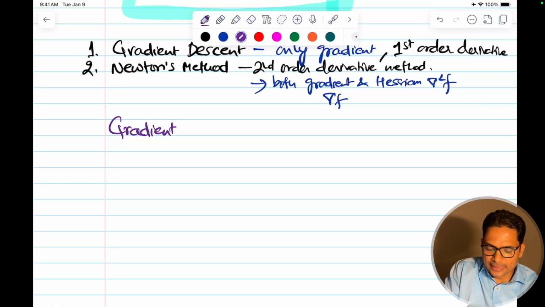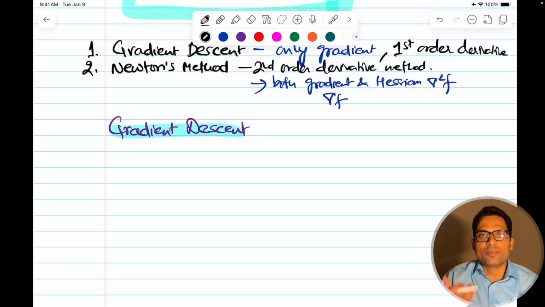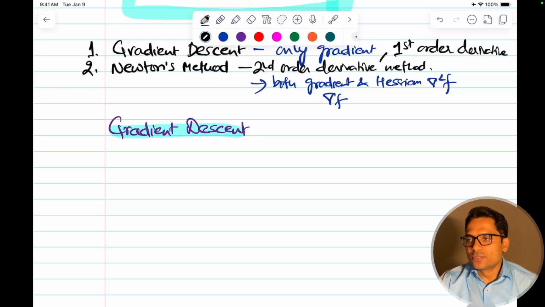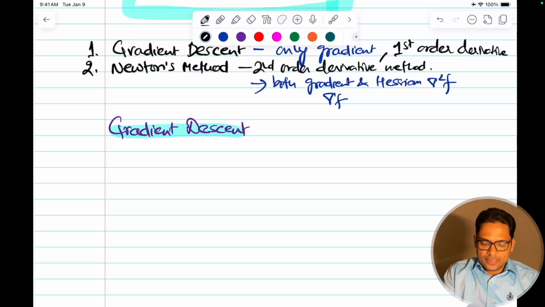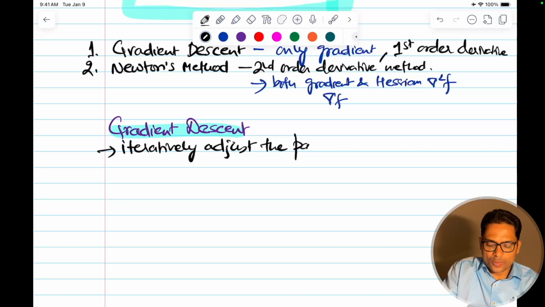Machine learning means gradient descent. This is the bread and butter. That's what we keep on doing, gradient descent, gradient descent. It is a gradient based method, as the name says, because what does it do? It will iteratively adjust the parameters of the model.